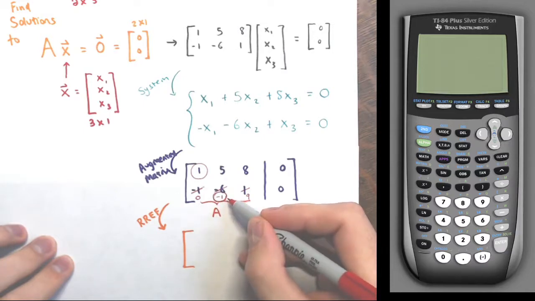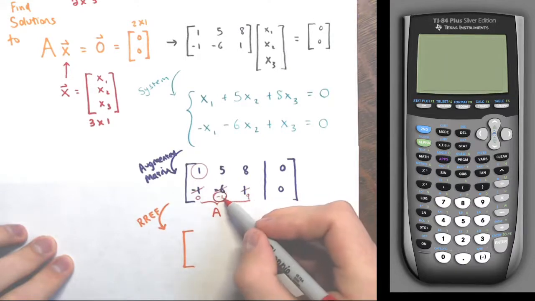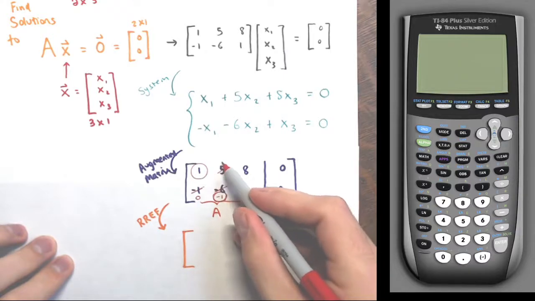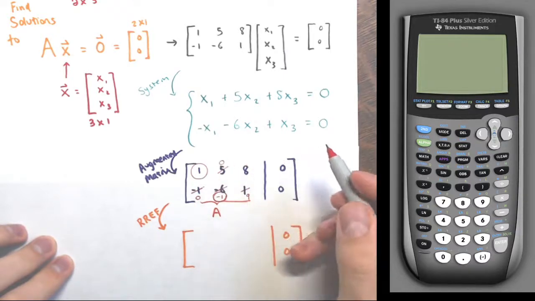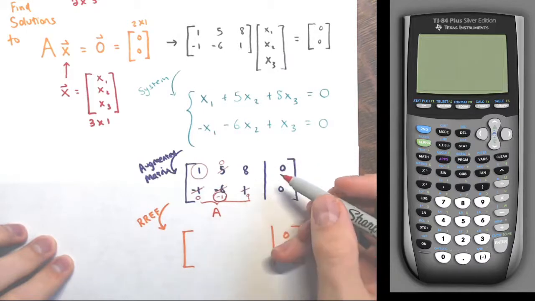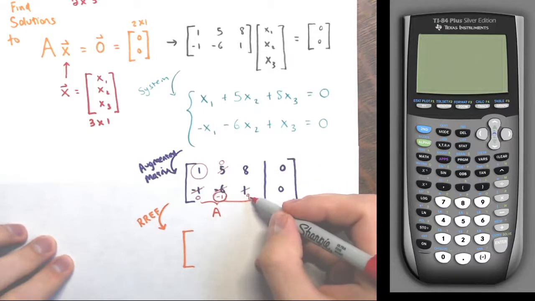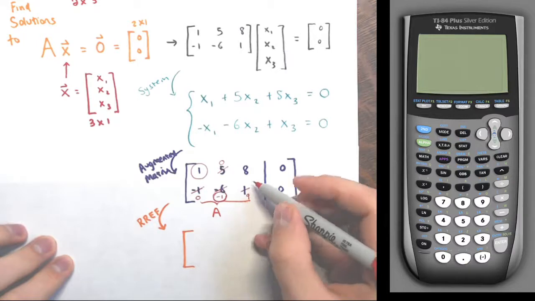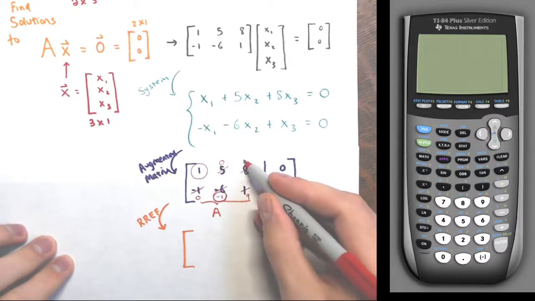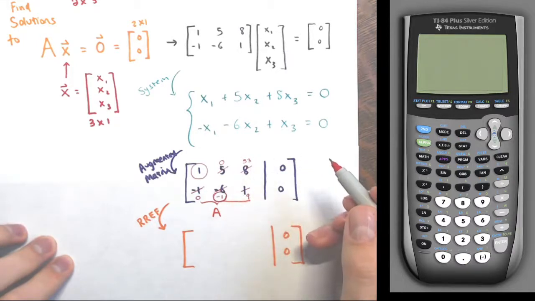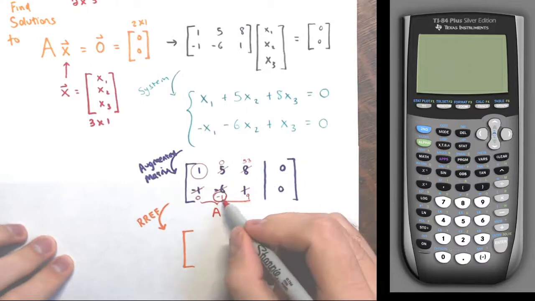And then I would like zeros above and below that, and I'll turn that into a 1 as well after we're done. I would just simply multiply this by 5 and then add it to that, to make this into 0. Get zeros above the pivot as well as below, but there's nothing below. And do the same thing here. Multiply this by 5, which is 45, plus 8, 53. And that's it for the row operation.